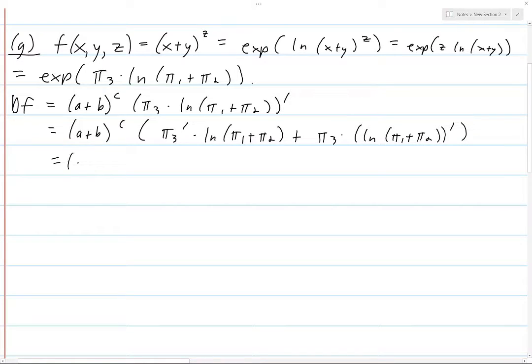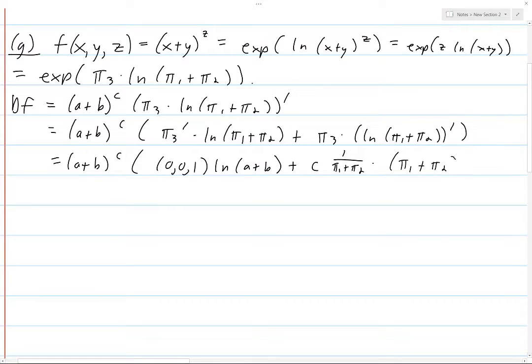Alright, so what's going to happen here is we're going to get 0, 0, 1. And now here we can replace this with the natural log of a plus b. And now we have c times, when we take the derivative of this thing we have to use the chain rule, so we get 1 over pi 1 plus pi 2 times the derivative of pi 1 plus pi 2.